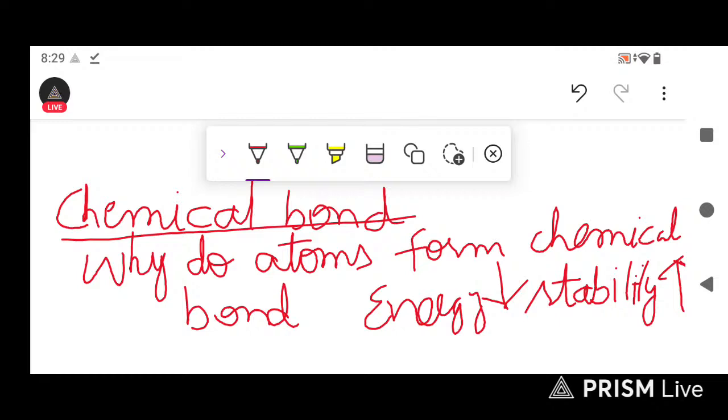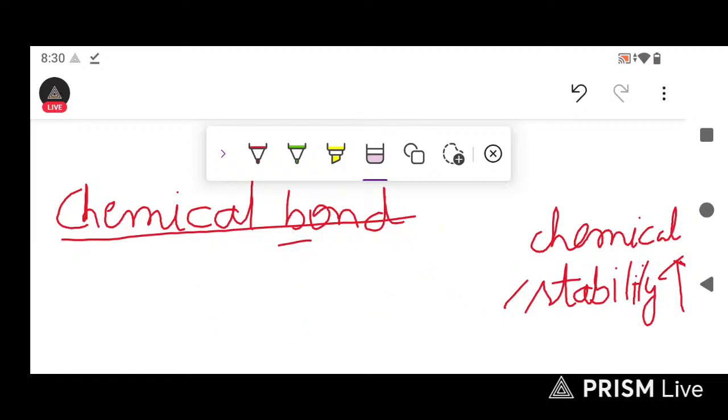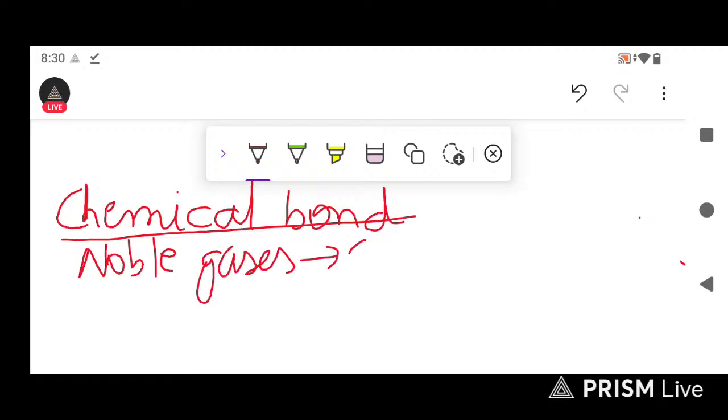Noble gases are stable because they do not combine with themselves or others. Noble gases belong to group 8, the eighth group.